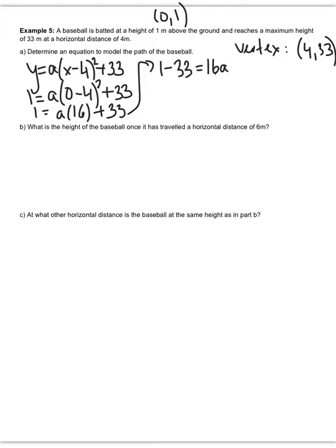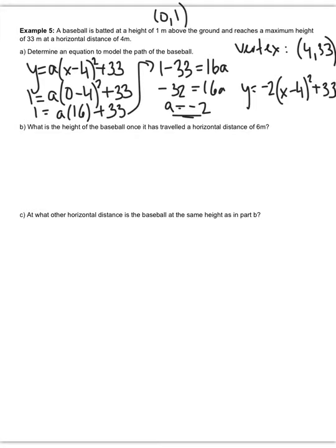Negative 32 is equal to 16a, and a is equal to negative 2. And so the equation of this path is y equals negative 2 times (x minus 4) squared, plus 33.